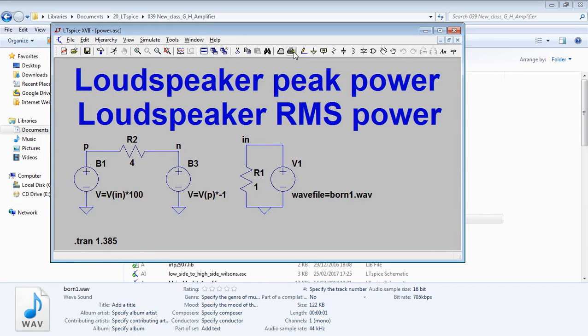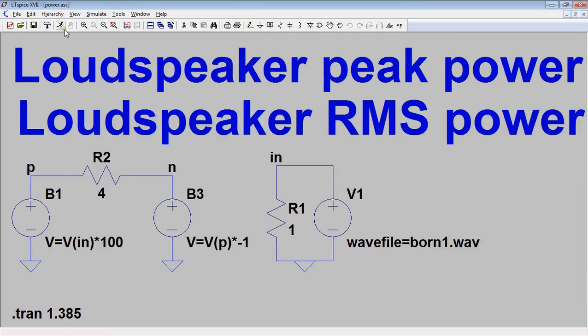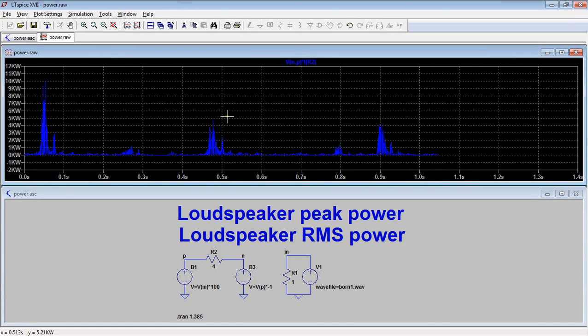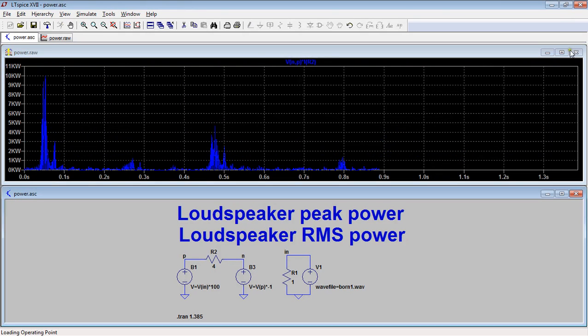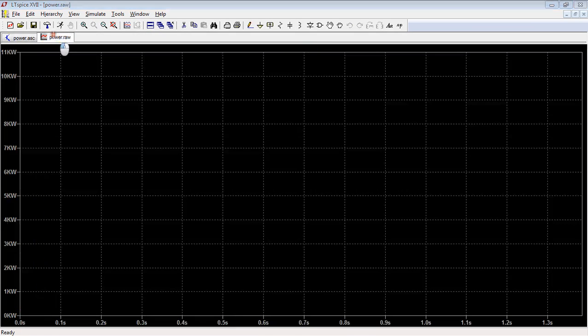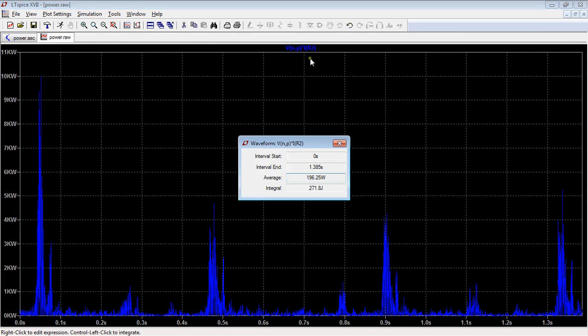Power. Okay, so there's my peak power, which is at the 10,000 watts. And now I should be able to get my RMS power. There we go.